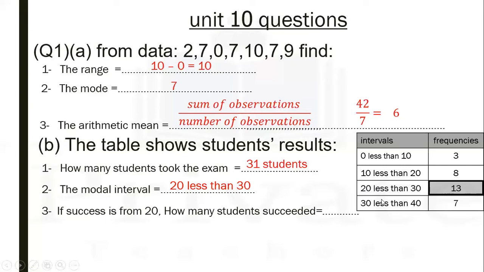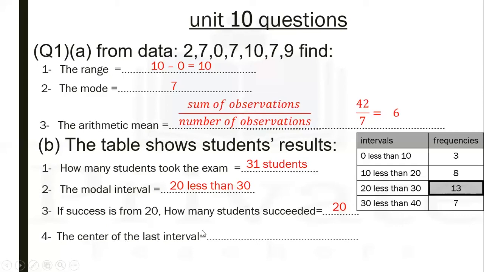All of them succeeded in this exam. So we just have to add the 13 and the 7 together, which is 20. So there are 20 students who took the exam and who succeeded in it.